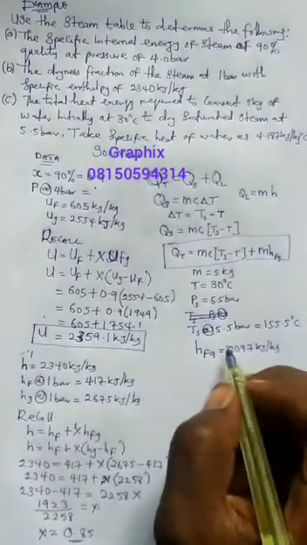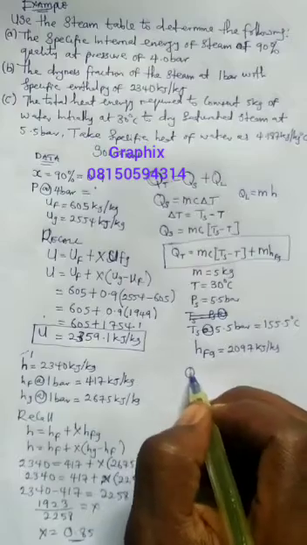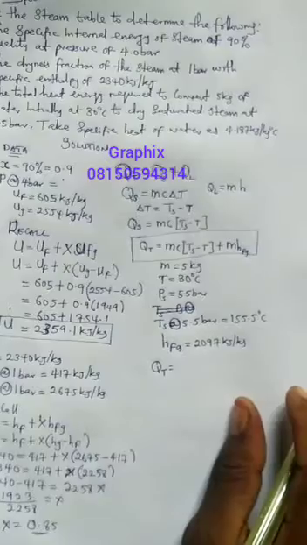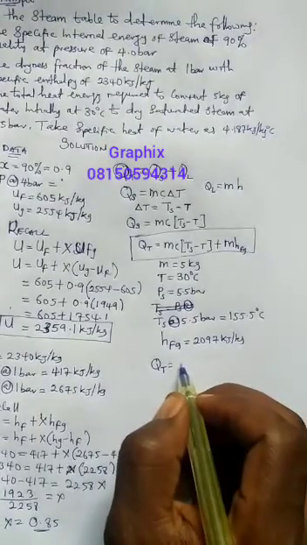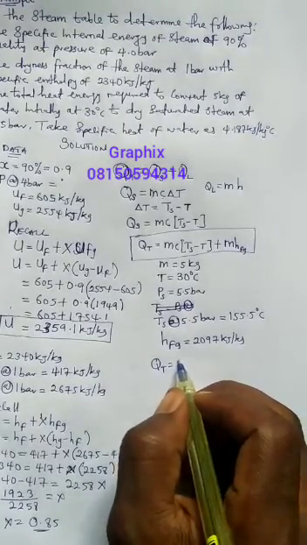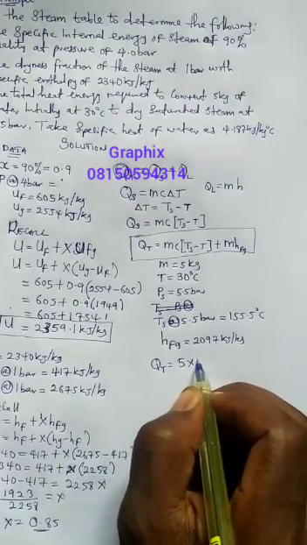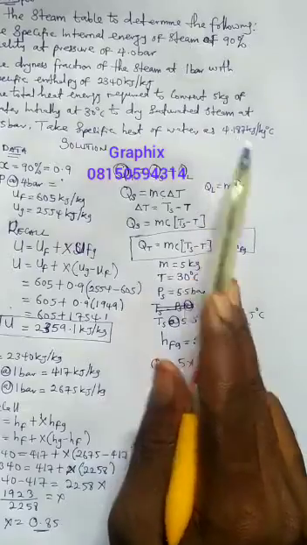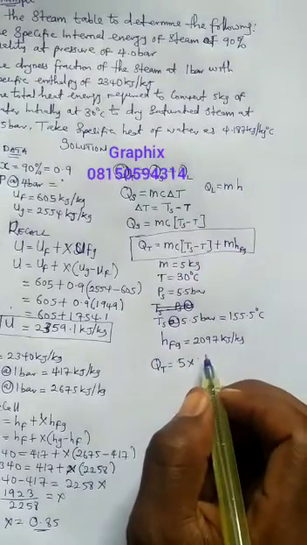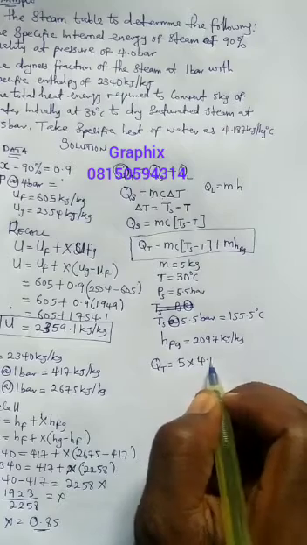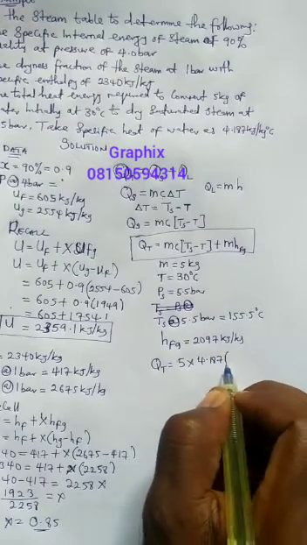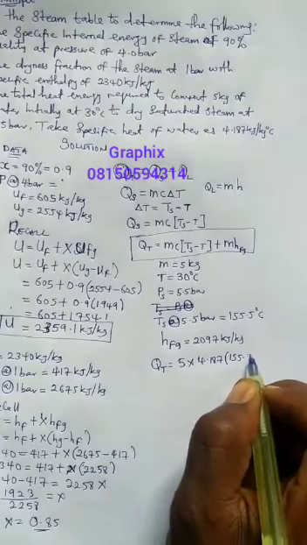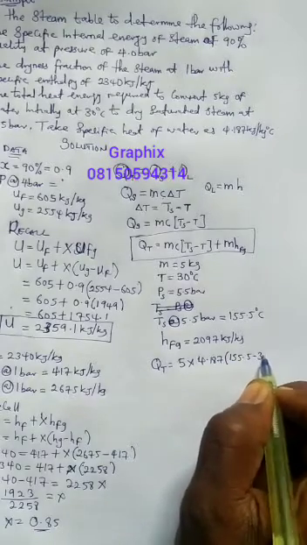So if I substitute here, my QT will now give me the mass. We know the mass is 5 kilogram. That will be 5 times the specific heat capacity of water, which is 4.187, times 4.187, into brackets the TS, which is 155.5, minus the T, which is 30.